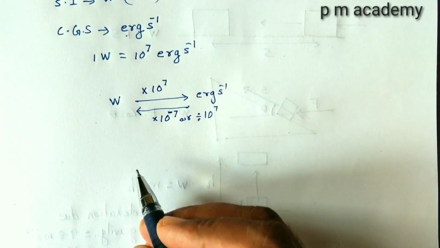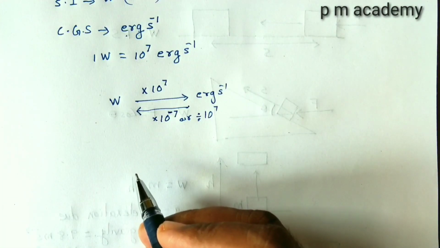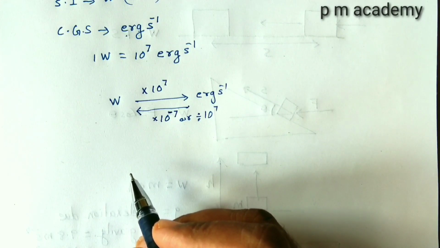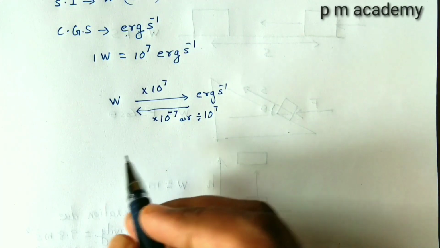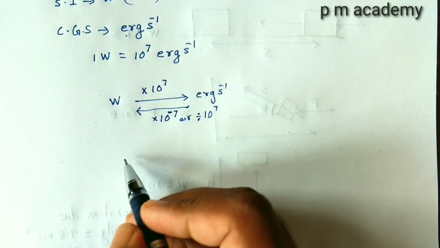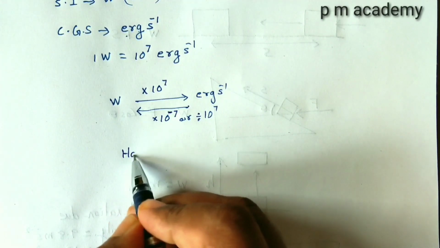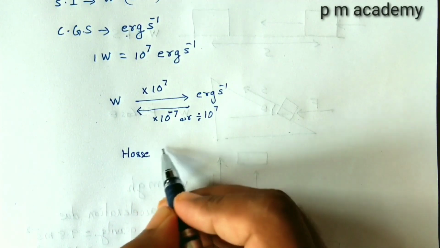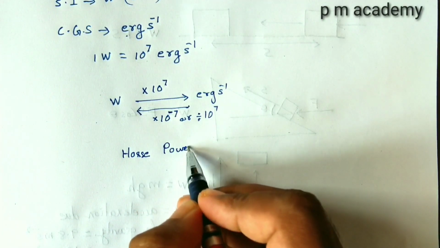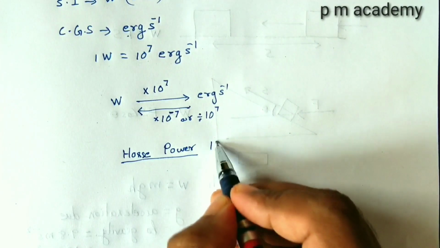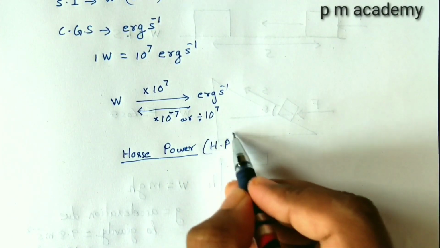Another unit commonly used for measuring power, usually in engineering and mechanical engineering, is horsepower. Very important, horsepower. Horsepower is represented by HP.